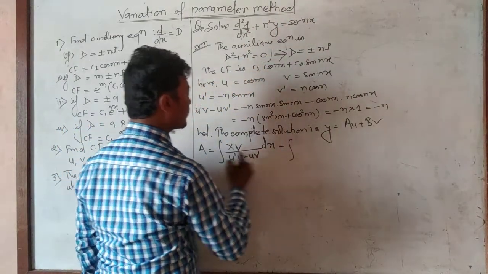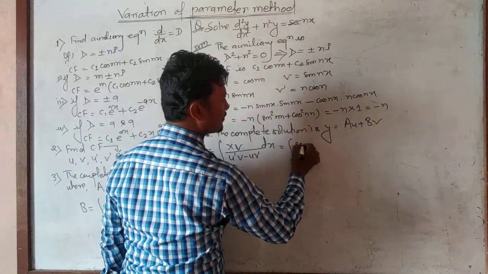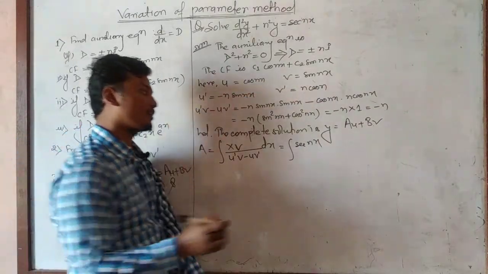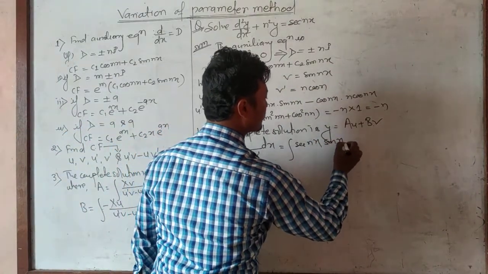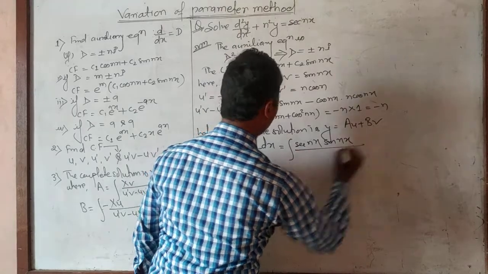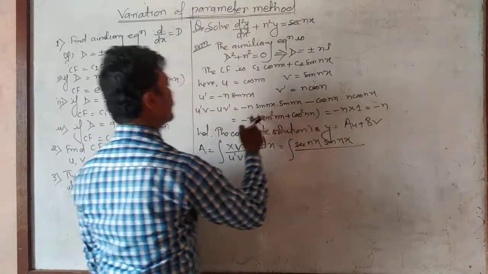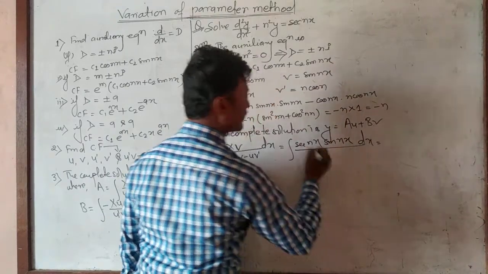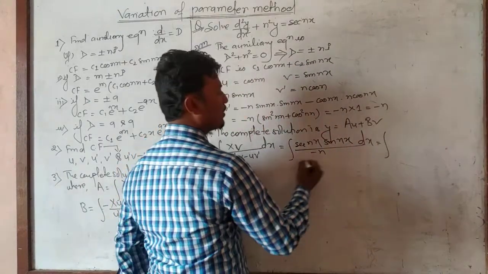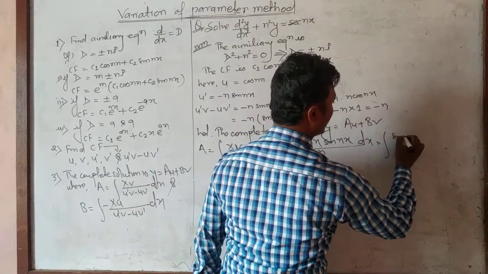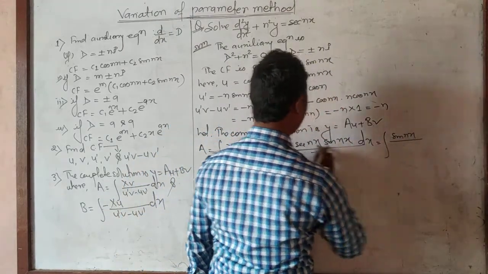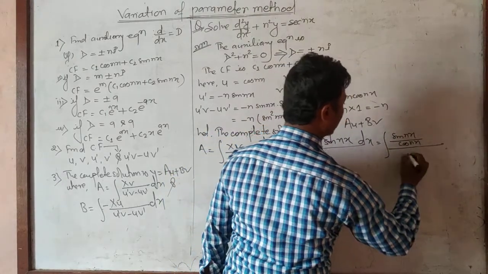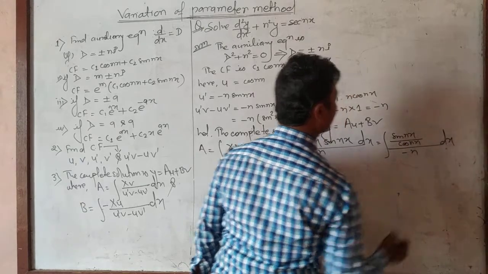So x here is sec nx, and v here is sin nx, upon, its value we already got, minus n, dx. Now let's find it: integration of sin nx upon cos nx, whole divided by minus n, dx.